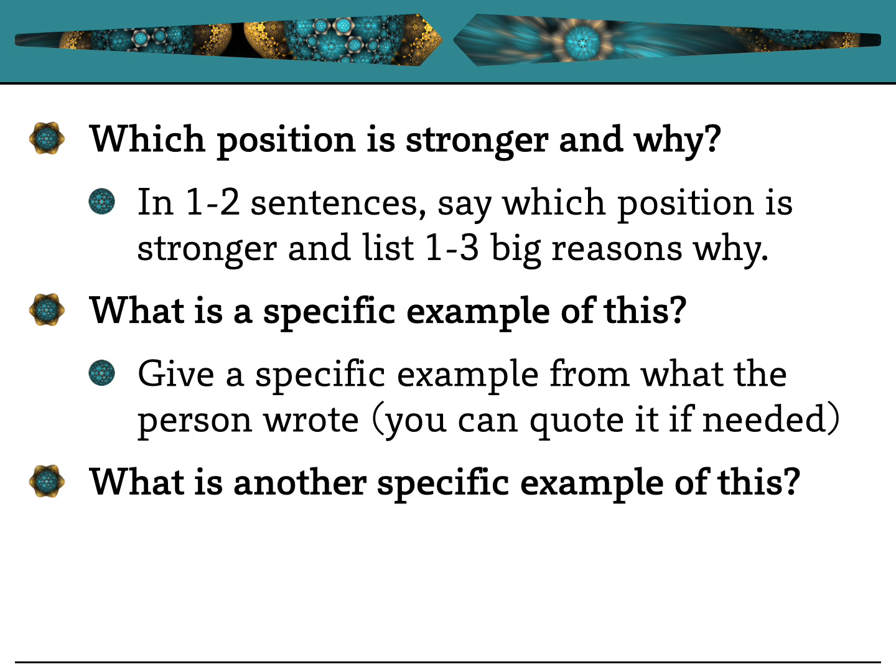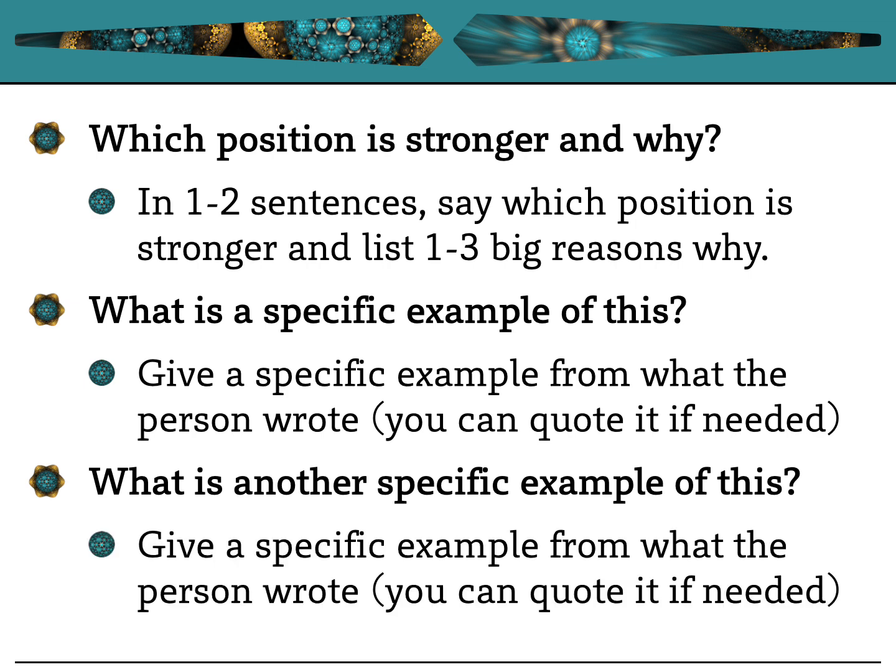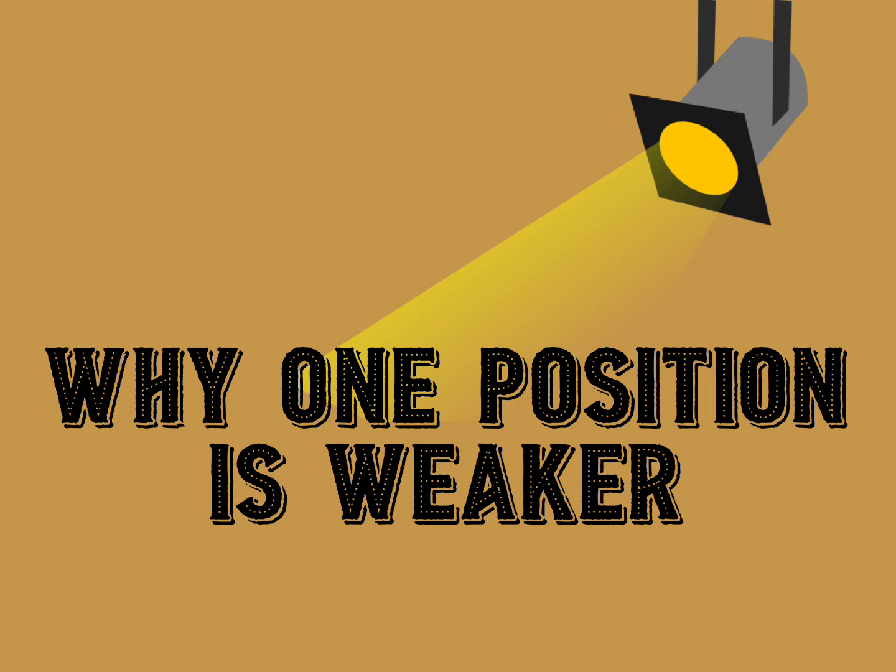What's another specific example of how this position is stronger? Blah, blah, blah. Again, in a future video, I'm going to show you some specific examples of how to do this. The next body paragraph is very similar to the last one, except you're showing why one position is weaker.